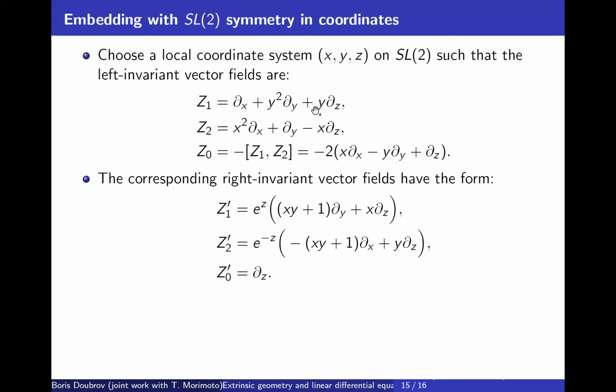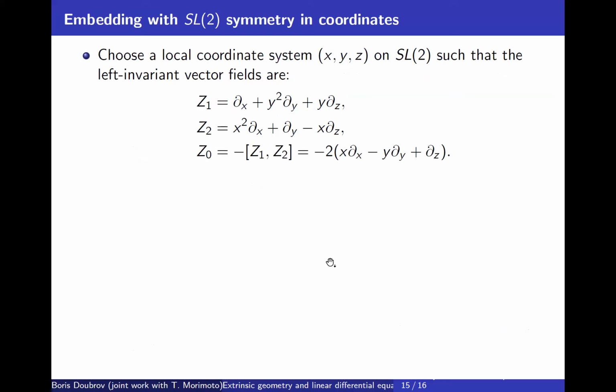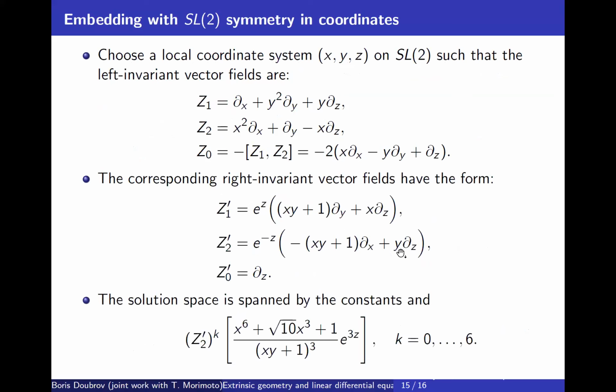Then to solve such a system, because Z1, Z2, Z0 are left invariant vector fields, they commute with right invariant vector fields. Right invariant vector fields are these ones in this case, so the exponential shows up. And of course, these right invariant vector fields will be symmetries of our equation, so they will preserve the solution space, and then one can explicitly write the solution space like that.